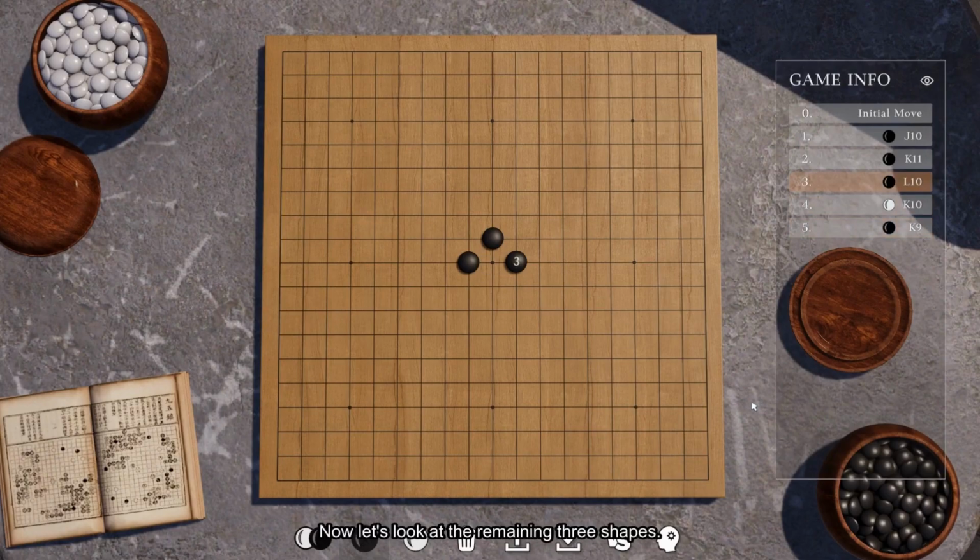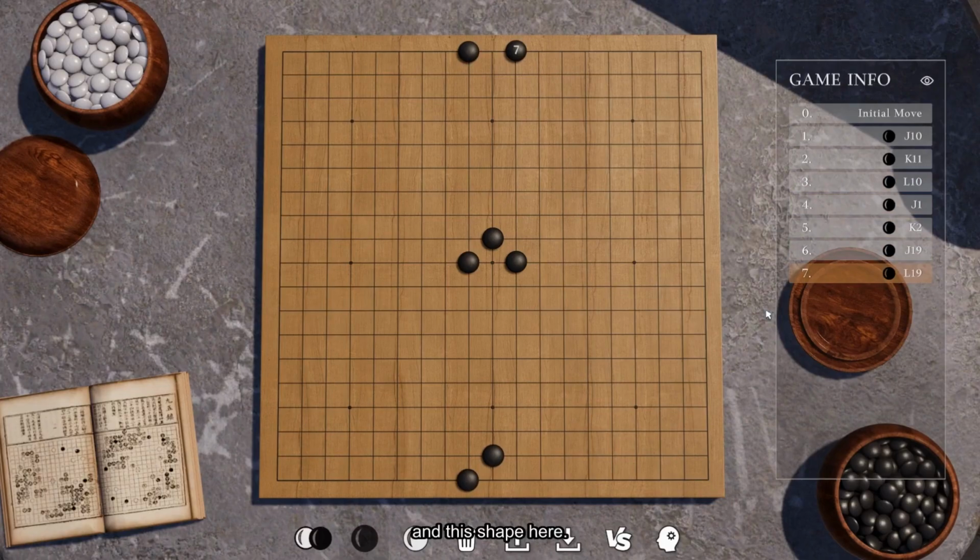Now let's look at the remaining three shapes. This shape of black stones on the side, and this shape here. We can see that if white places a stone at this position, it would have only one liberty remaining, and black can capture it immediately.